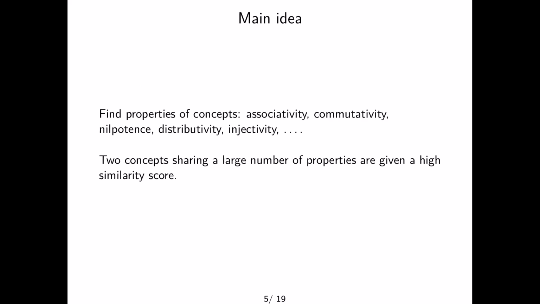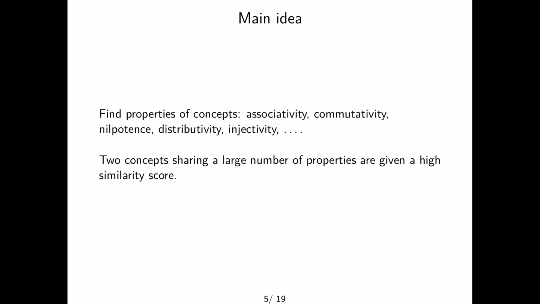So first I will present the general approach, the general idea, then I will go into the details of the alignment algorithm, and finally I will show some applications. So the general approach is a syntactical approach where you find different constants or concepts that have similar properties.